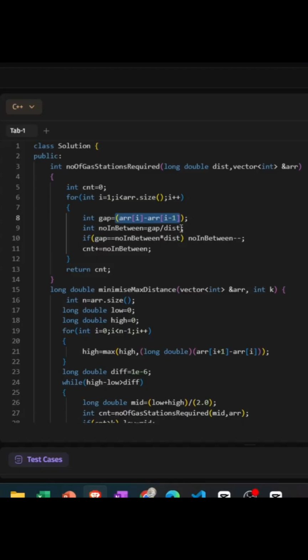So distance, in this case, is the mid value. So the mid value we pass defines how many stations we can fit in between. And in case the gap is exactly divisible by the distance, like if it is a perfect number, not a decimal value, then first we are going to decrement the number, and then we are going to add it to count, and at last we are going to return the count. So that's how the solution looks.